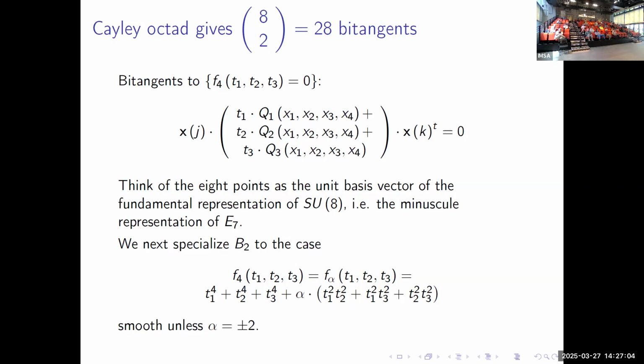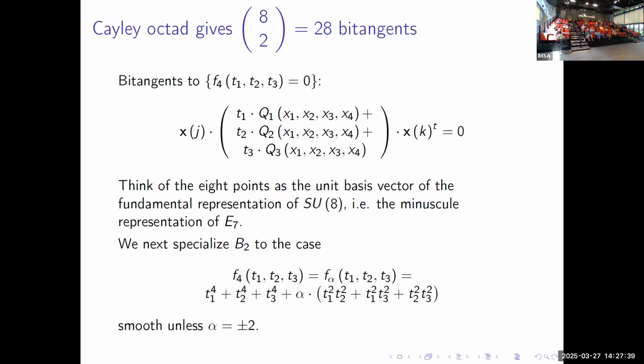So now we specialize our B2 to a 1 parameter family of quartic plane curves. The parameter is alpha, and it's the most symmetric 1 parameter family of plane quartics that has been studied in all possible ways.